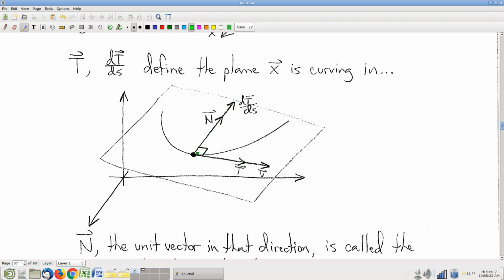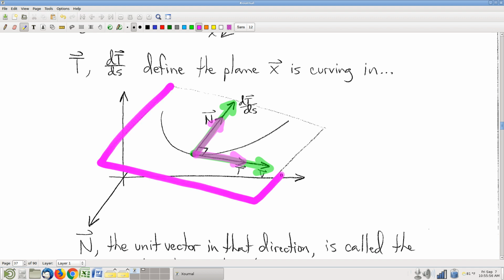Keep in mind we started off with velocity. Velocity was the first thing that we were talking about to define direction. dT/ds defines an orthogonal direction. We've decided to look at the unit vector pointing in the T direction. Kind of makes sense also then to talk about this unit vector pointing in the direction of dT/ds. And those vectors give a framework, we call it, for understanding this plane.